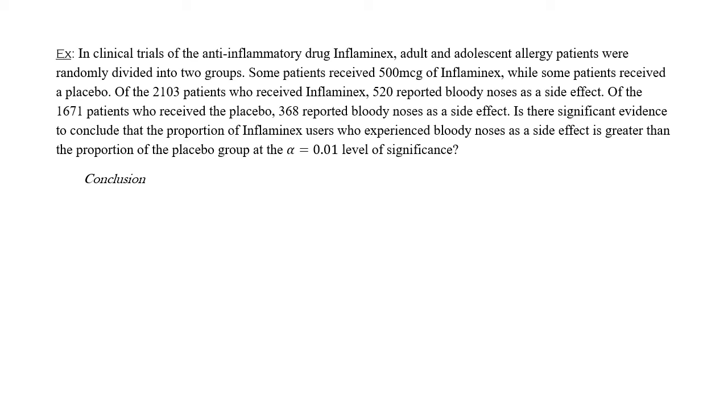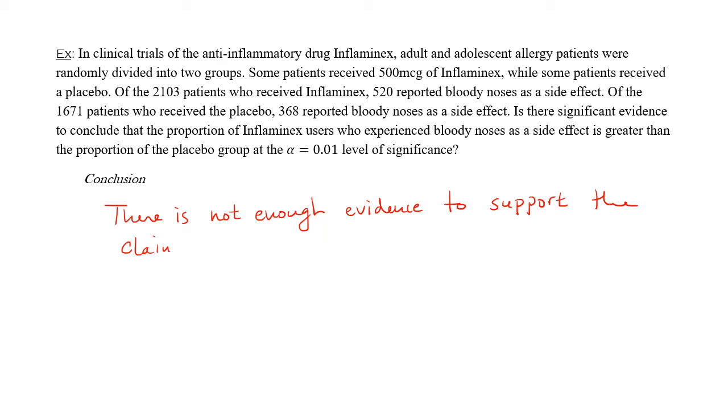Well, since we failed to reject the null hypothesis, there is not enough evidence to support the claim that P1 is greater than P2. Essentially there wasn't enough difference between the two different samples to give us enough evidence to support this claim here.